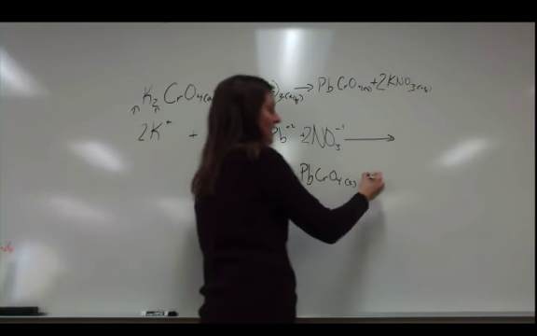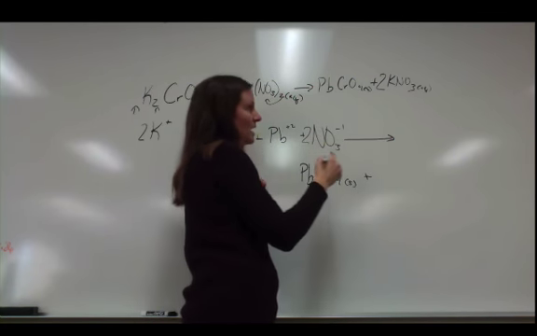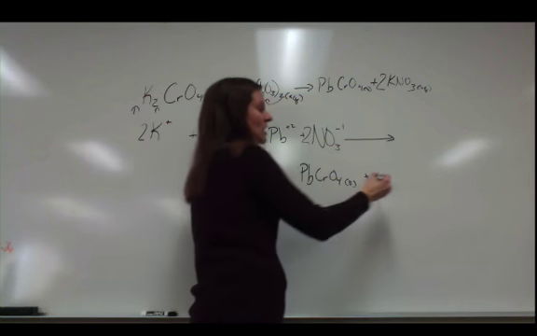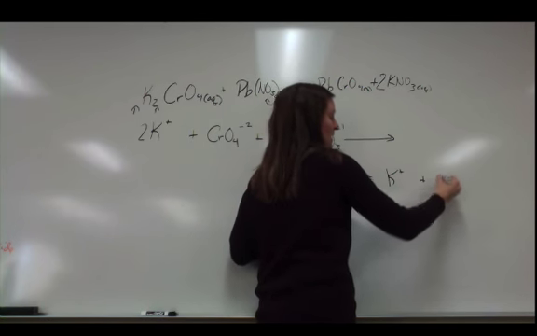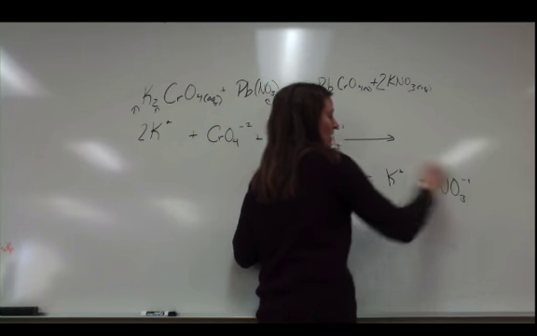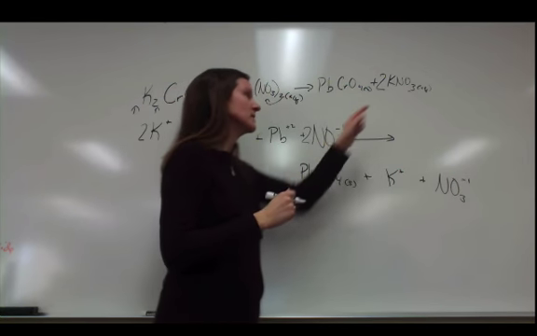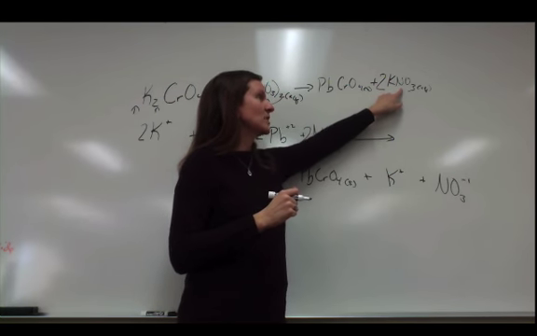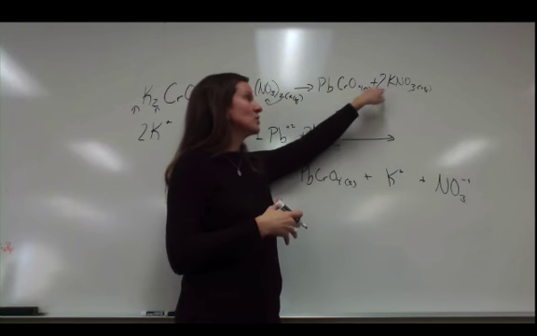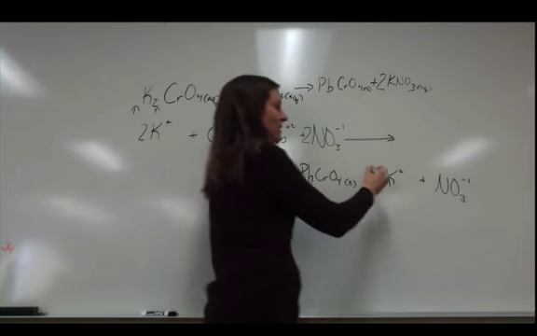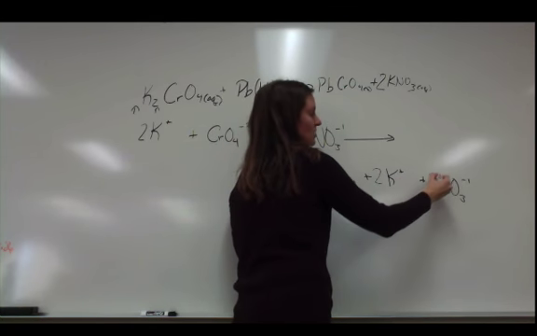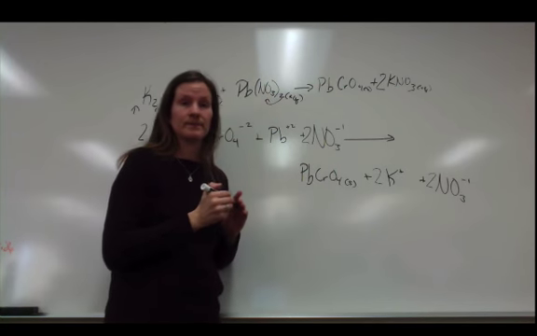But the potassium nitrate is ions because it's aqueous in solution. So potassium has a charge of +1. Nitrate has a charge of -1. And in terms of how many, we have 1 potassium and 1 nitrate in the compound, but you have 2 of that total compound, meaning I end up having 2 potassiums and 2 nitrates in the end.